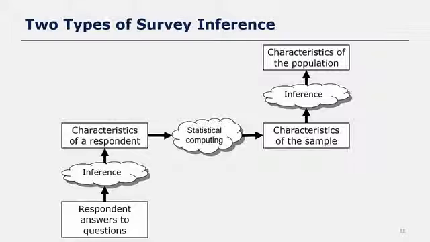Then there is an inference piece from that characteristic of the sample to the characteristic of the population. So if my sample average for the university students were, let's say, 21, then I can do an inference to the entire population.